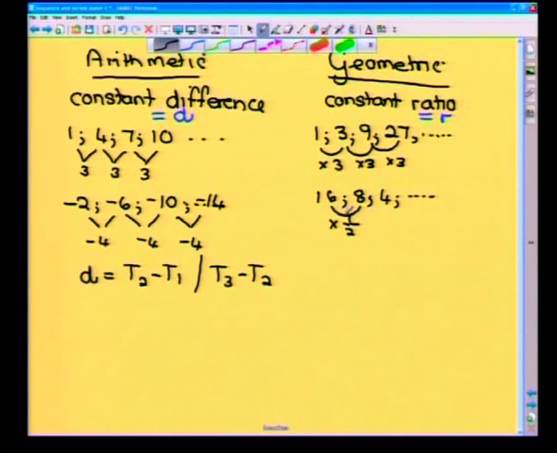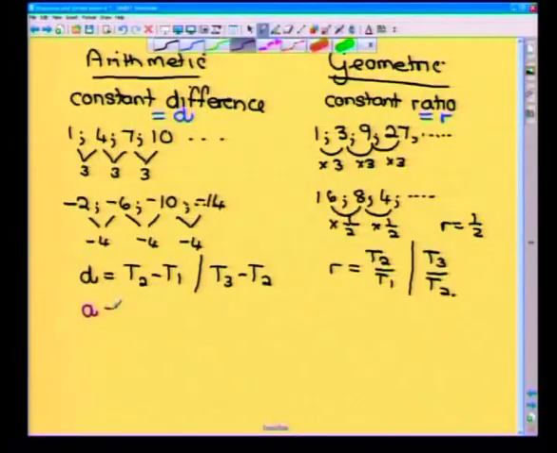You could also say I'm dividing by 2, but it's easier to think about this in terms of multiplication. So if I look here, I'm also multiplying by a half, and so the R would equal a half here. All of these are geometric. And if we're going to find our R value, we're going to say term 2 divided by term 1, and it has to equal term 3 divided by term 2.